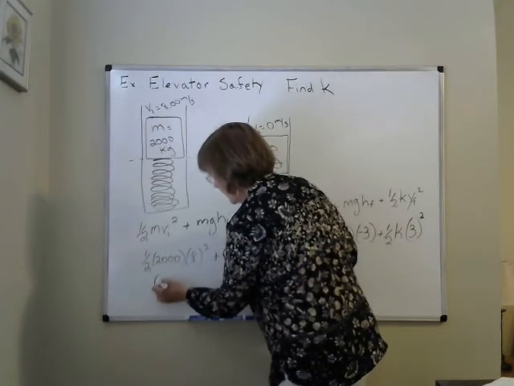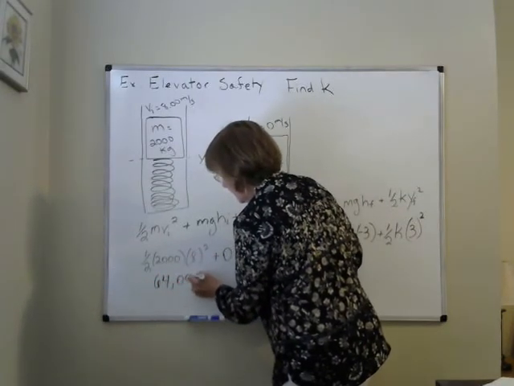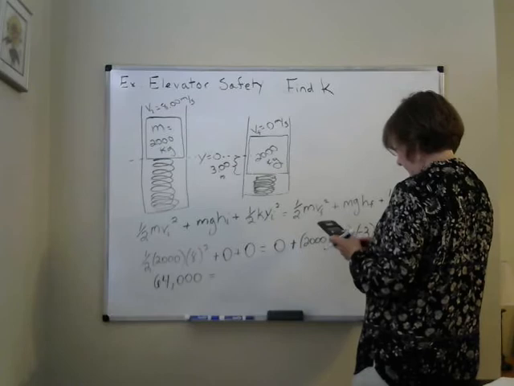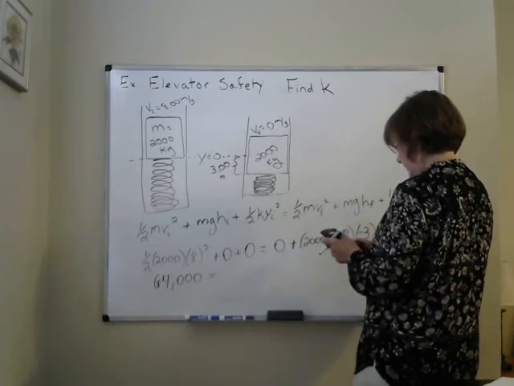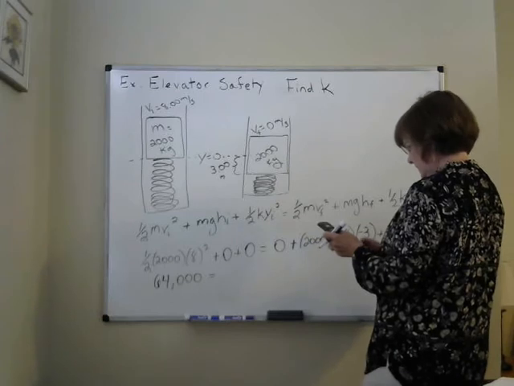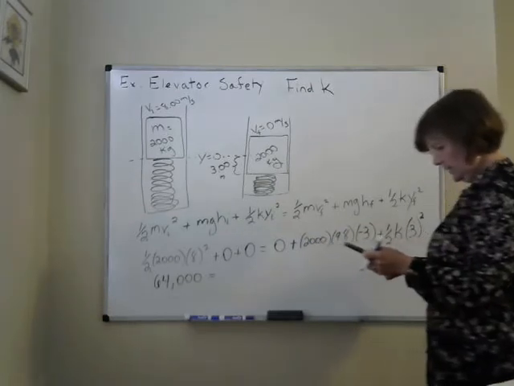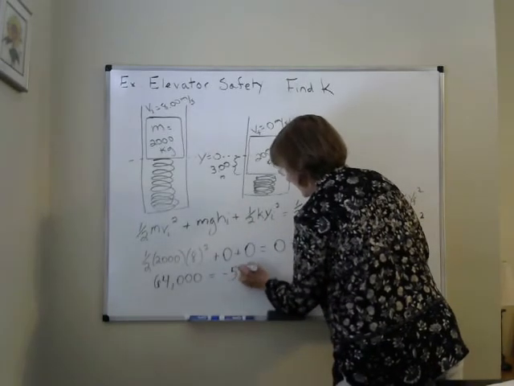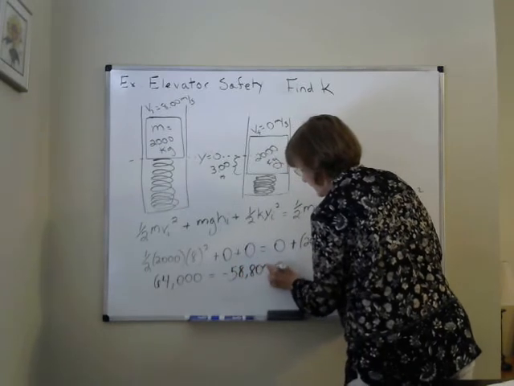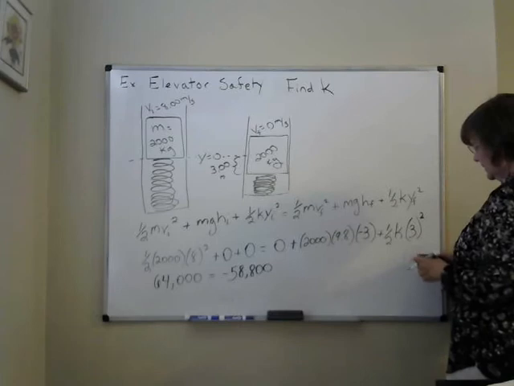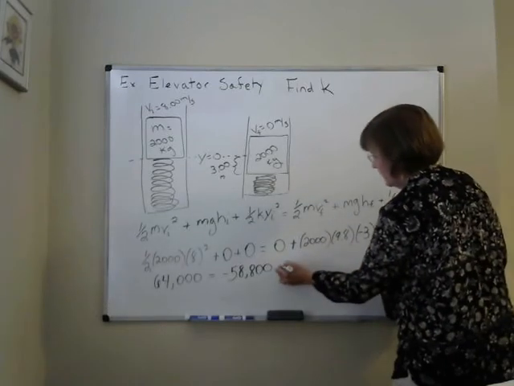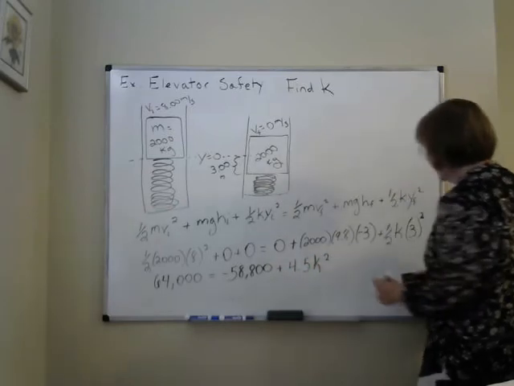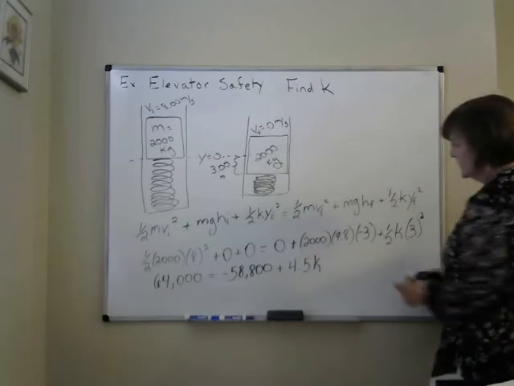It's going to be 64,000 equals 2,000 times 9.8 times -3, which is -58,800, plus 9/2, that's 4.5 K. Everything at this point is just algebra.